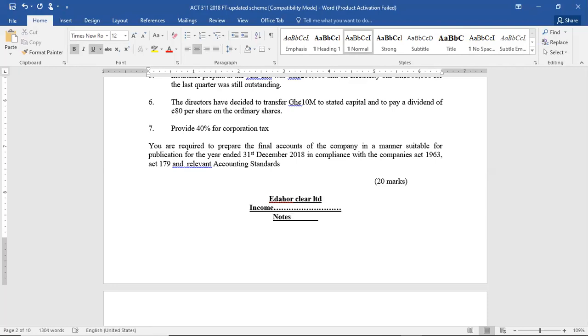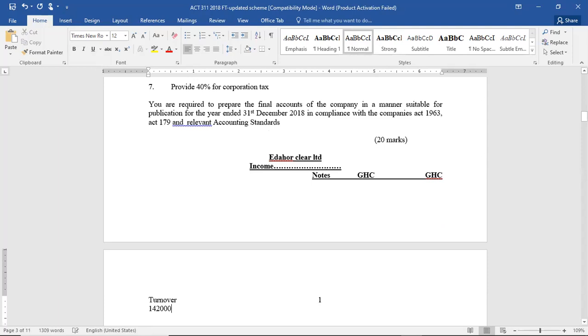Then you have your Ghana cedi, just like this. So if I come here, and then I say turnover. Turnover is my note 1. So I put 1 here. Then I put the figure I had for turnover to be 142,000.